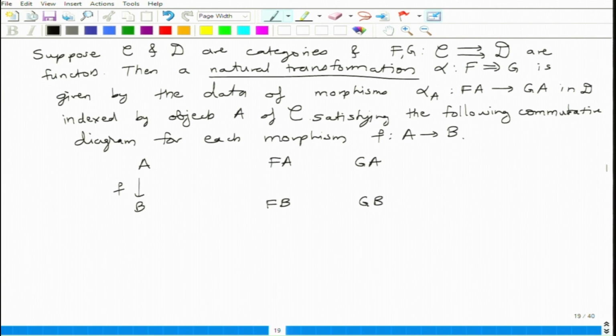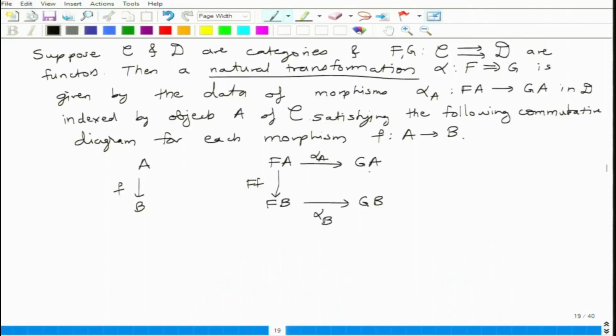Now we have said that there is a data of morphisms alpha A from FA to GA, and there is a morphism given by this data, alpha B, and vertically we have the morphisms induced by the functors. The functors give you Ff and Gf as morphisms from FA to FB and GA to GB. And what we are asking is that this diagram should commute.